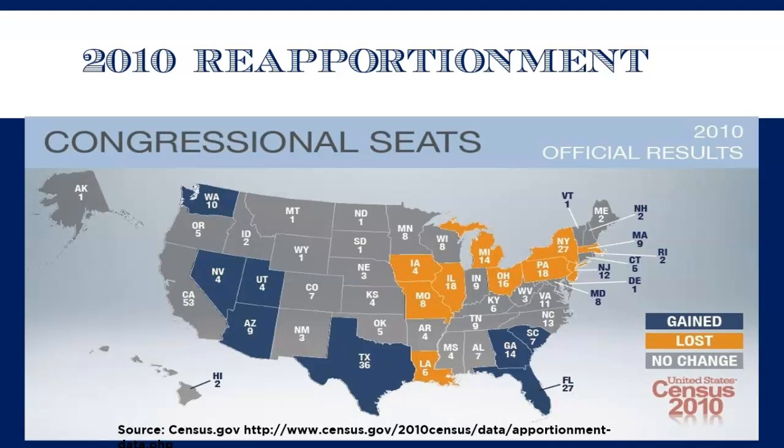States in the dark blue actually gained members, and then states in the yellow lost members. I think prior to that, Louisiana had 9, and currently we have 6. And obviously the new census may change that, but just over those 10 years, the decrease in population caused Louisiana to lose representation in the House.